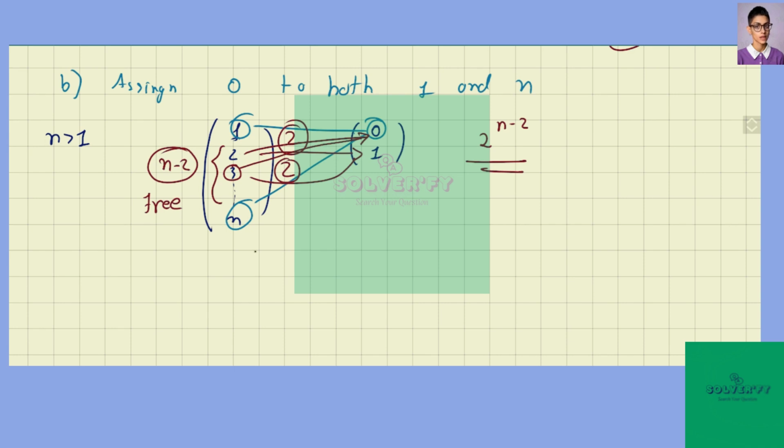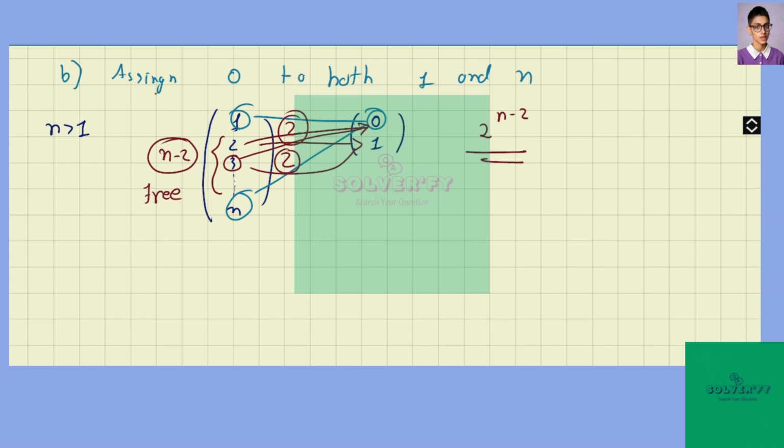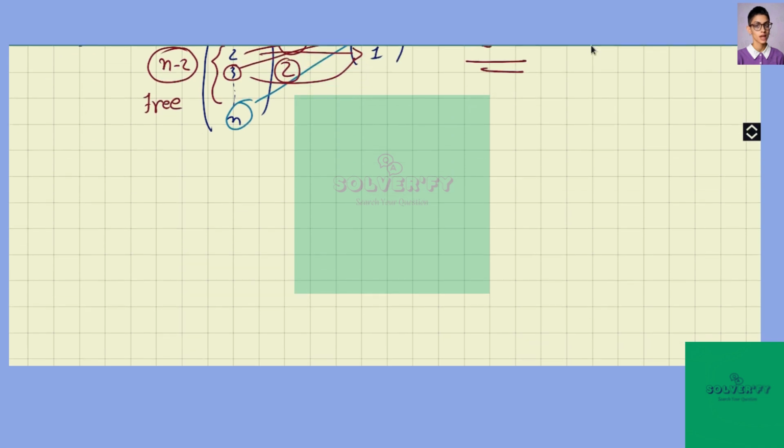And those are all the possible functions that satisfy this condition, that we assign the 0 to both 1 and n.